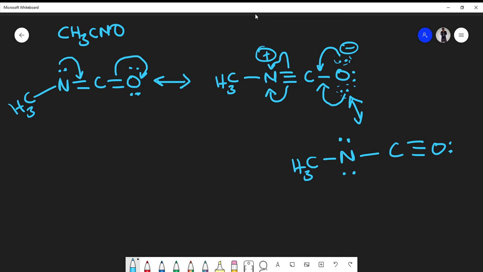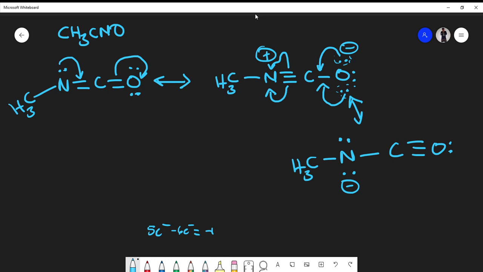Now, is this a plausible structure? Of course, right? Let's do our formal charges. Nitrogen, we have 5 electrons from nitrogen, and we have 1, 2, 3, 4, 5, 6. So this is 5 minus 6, so nitrogen is going to get a -1 charge. So the nitrogen is actually negative.